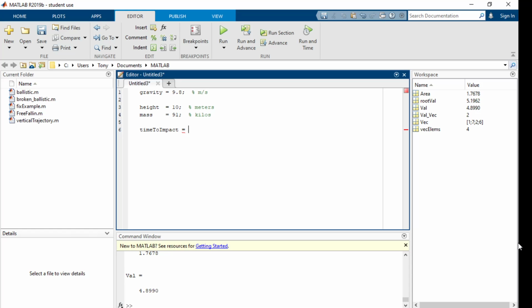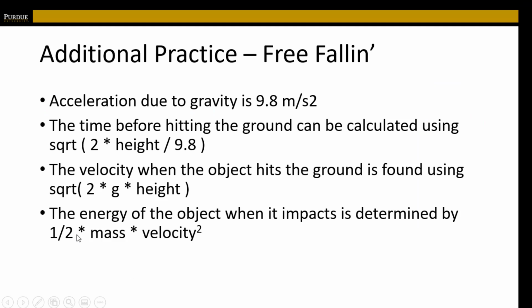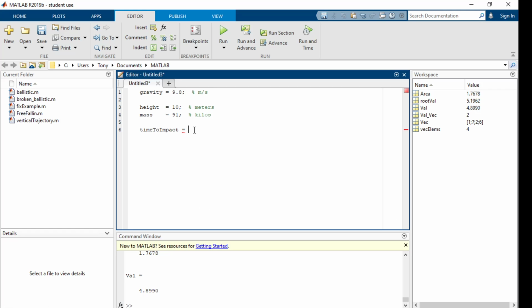So time to impact, and so that calculation. Let me pop it up again briefly so you can see what I'm doing. So it's 2 times the height divided by gravity and the square root of that number. So that's what we have to do. So I can do SQRT of 2 times the height divided by gravity.